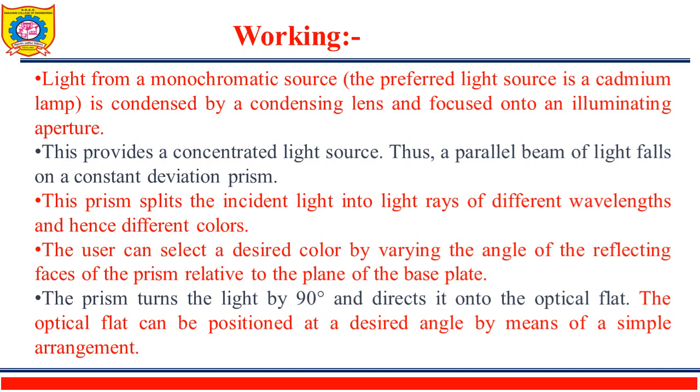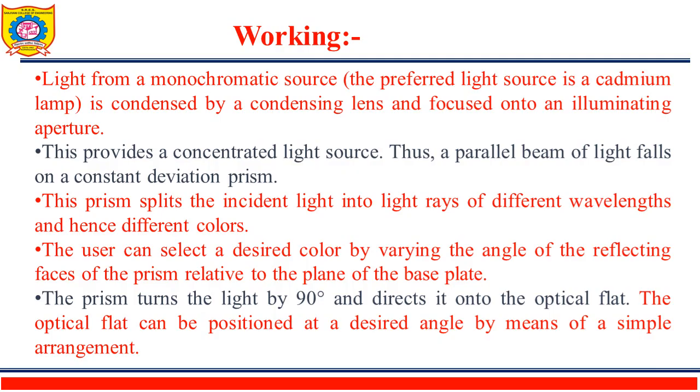Now the working of this interferometer. Light from a monochromatic source, the preferred light source being a cadmium lamp, is condensed by a condensing lens and focused onto an illuminating aperture. This provides a concentrated light source. Thus a parallel beam of light falls on a constant deviation prism.